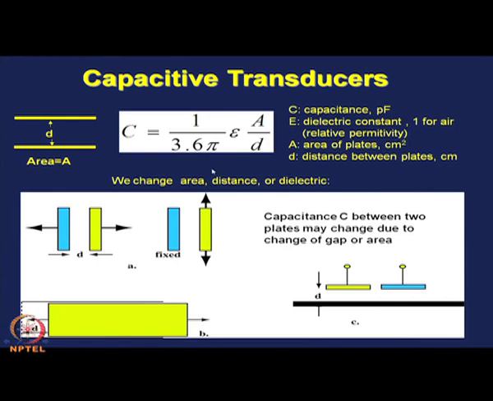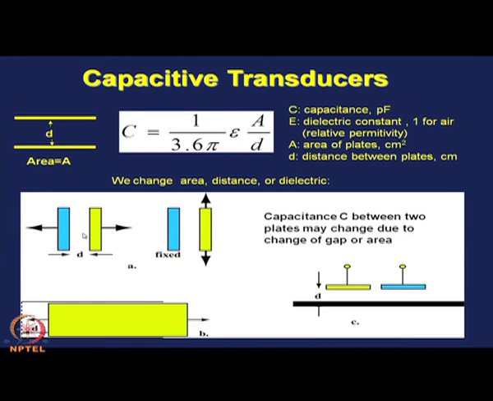Now, we can make a capacitive transducer by changing area or distance or dielectric medium. Any change in area, distance or dielectric will cause a change in the capacitance. For example, if these two plates move in these directions, the gap between them changes.